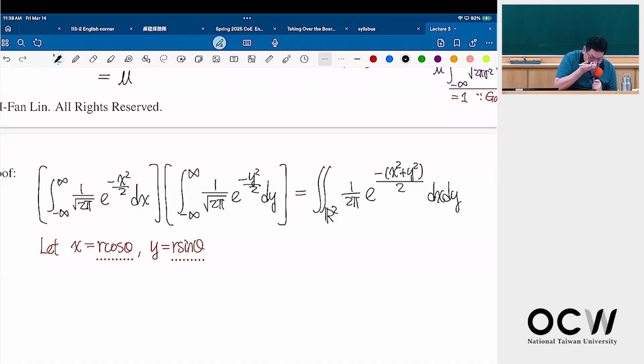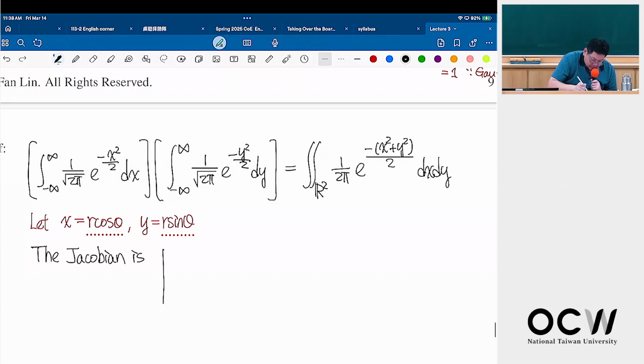And then we need a Jacobian: partial x partial r, partial y partial r, partial x partial theta, and partial y partial theta.